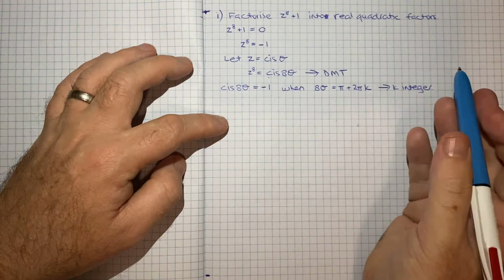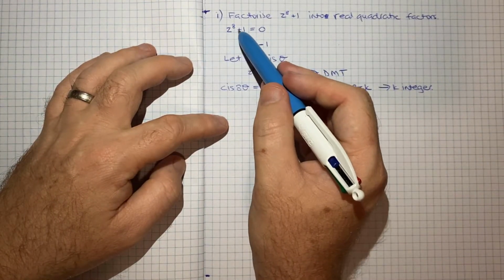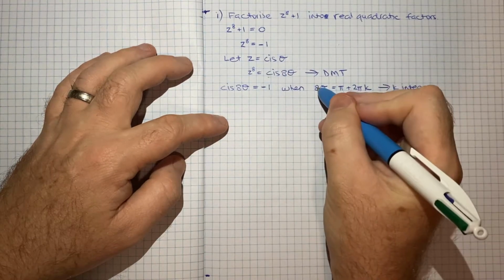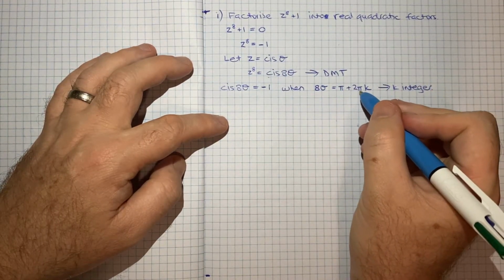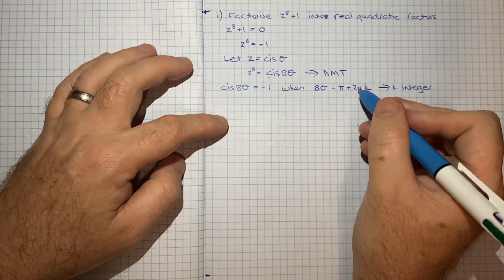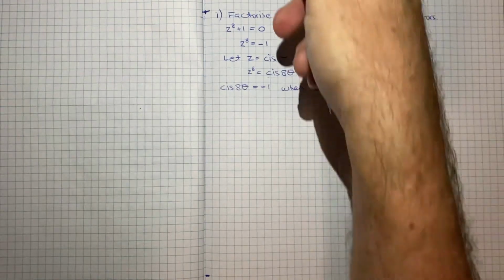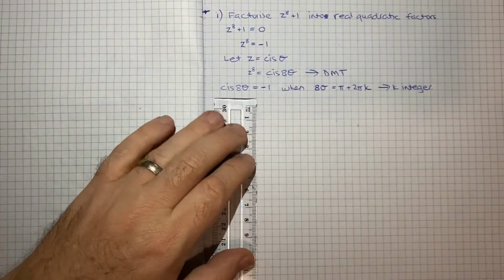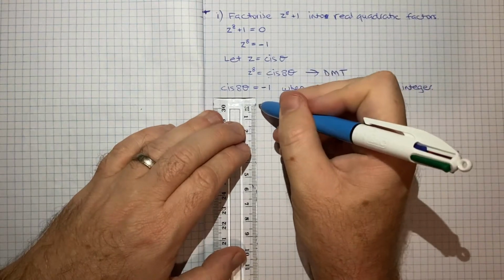Now that's slightly different to what we had with dealing with things like z to the 8 minus 1. Normally we'd just be setting our argument to just multiples of 2 pi. But here we need pi plus the multiples of 2 pi, and maybe it's worth just drawing a diagram of our cos and sine curves to really emphasize why that's the case.